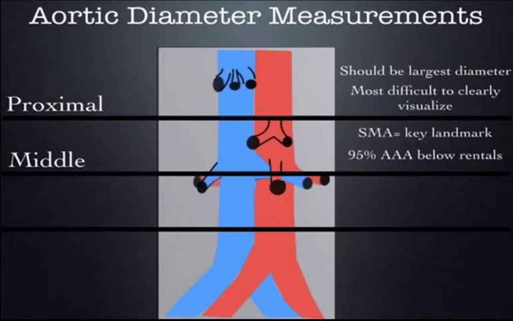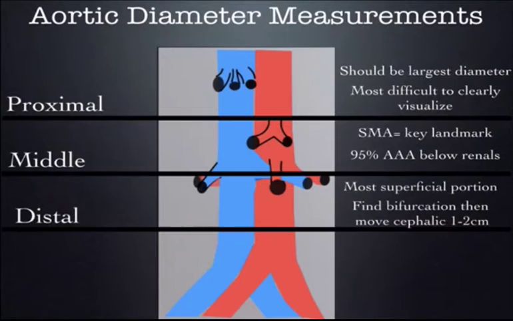This is how you're going to know if the AAA is infrarenal or suprarenal. The renal arteries themselves are actually quite difficult to visualize with ultrasound. In fact, most of the time you're not going to see them. So not only is the superior mesenteric artery the landmark for the middle segment, it's also the landmark for the renal artery takeoff. Understand that 95% of AAAs are below the renals.